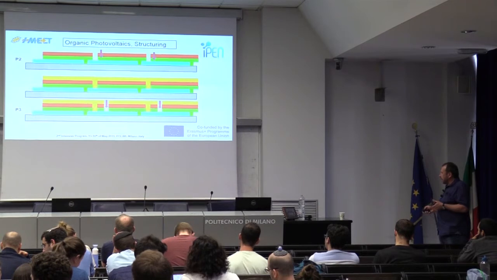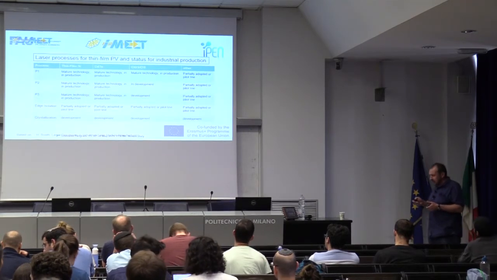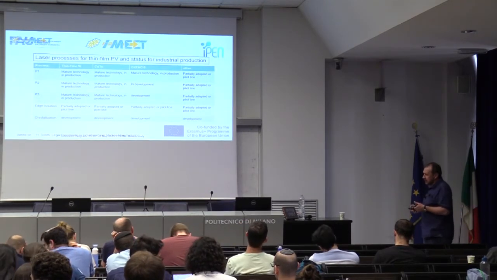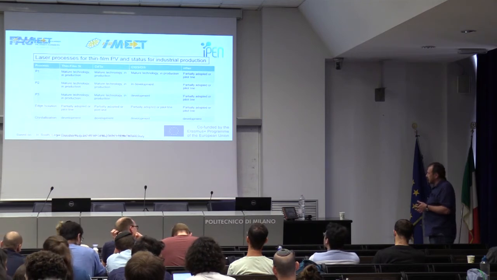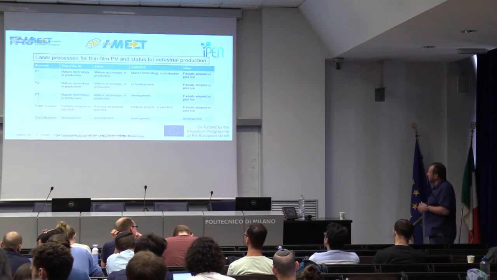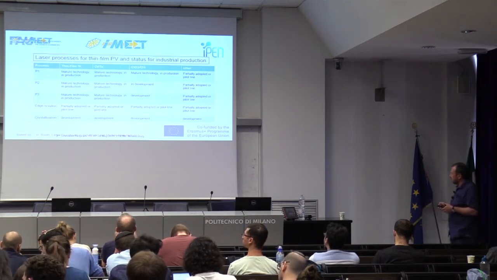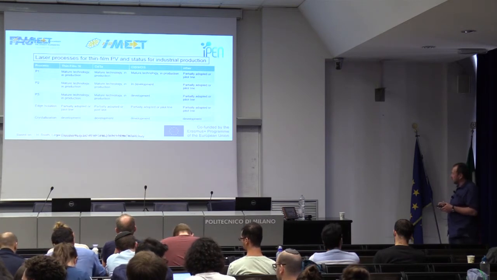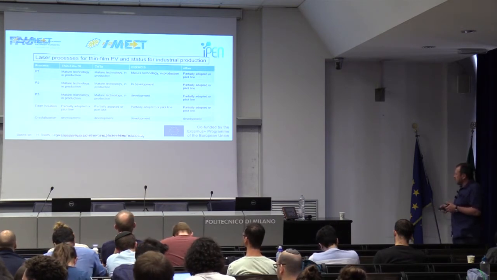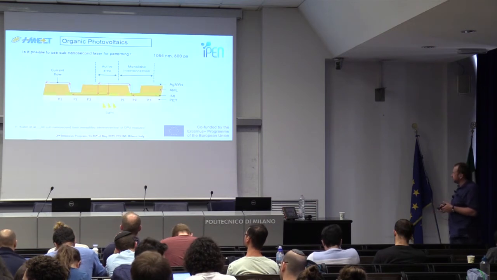Now, this technology is also used not only in organic photovoltaics, but in thin film silicon, in cadmium telluride, and in some cases it's already a mature technology. In some cases it's in development.